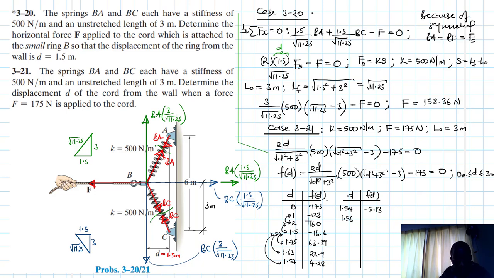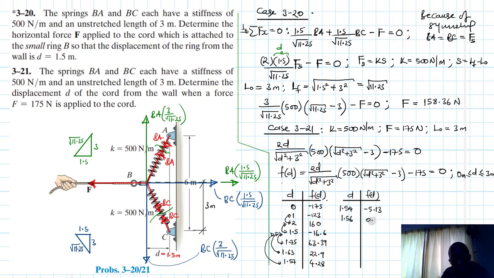1.56 squared plus 3 squared, that's 11.43. So 2 times 1.56 divided by root of 11.43 times 500 times root of 11.43 minus 3, minus 175.